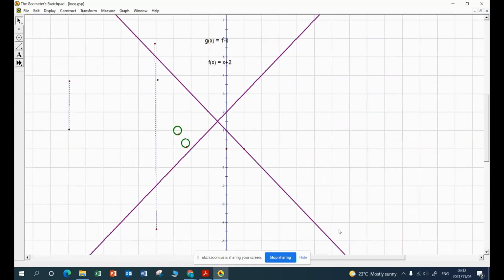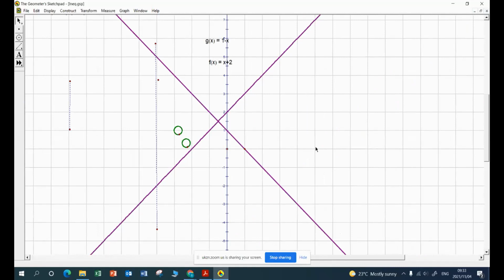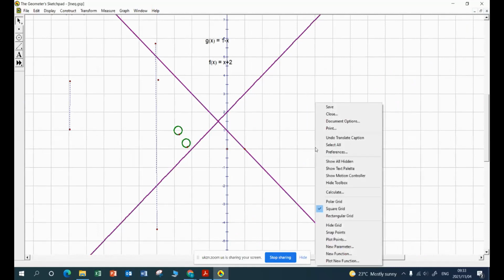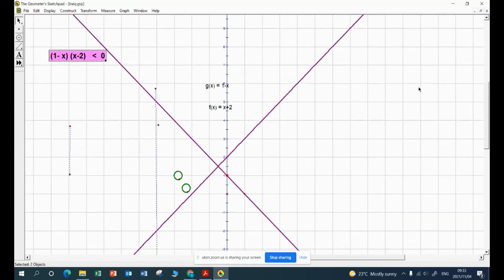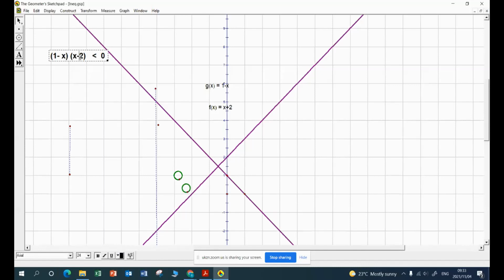Okay. Now there was another question. The question was: using straight lines, how do you solve the inequality 1 minus x times x plus 2 less than 0?